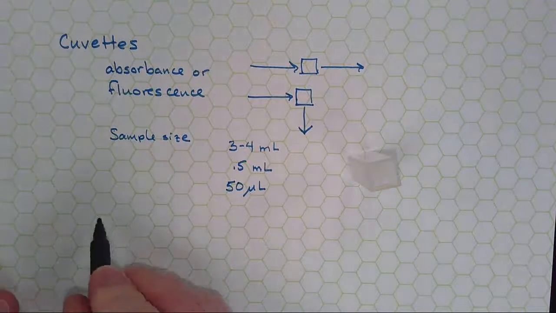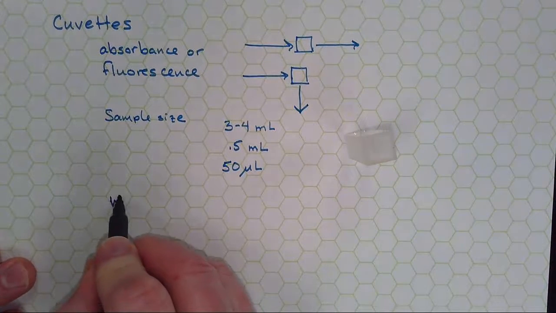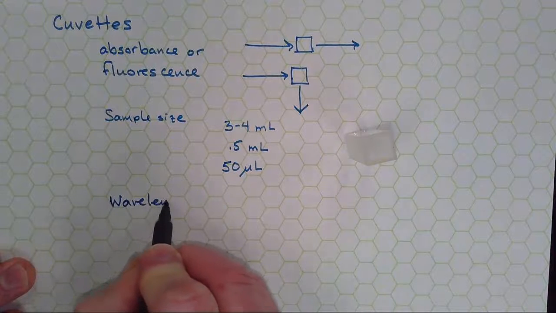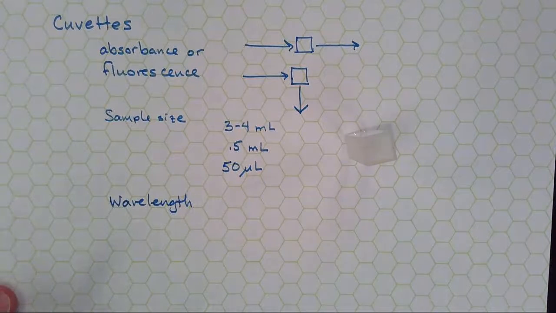The third thing to think about is the wavelength range that you're wanting to use. Here you need to think about the material.